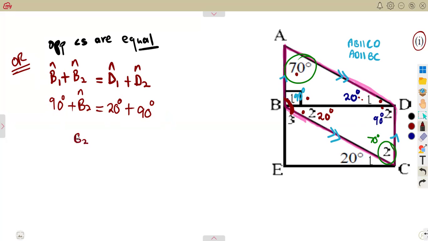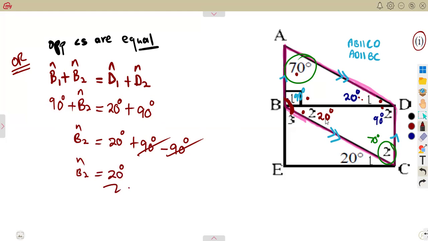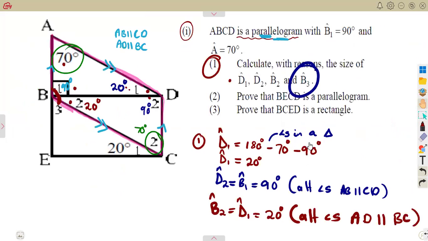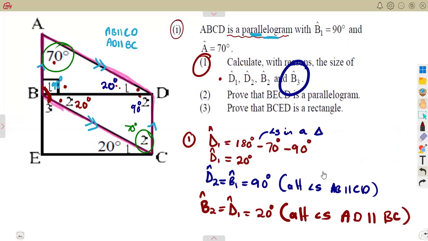So angle B2 is 20 degrees plus 90 degrees minus 90 degrees. These two cancel, and you remain with 20 degrees. So that's our angle B2, or you can just use your calculator to simplify everything. You obtain the same 20 degrees that we obtained previously. As you can see, there are so many ways you can use to calculate whatever you're given.